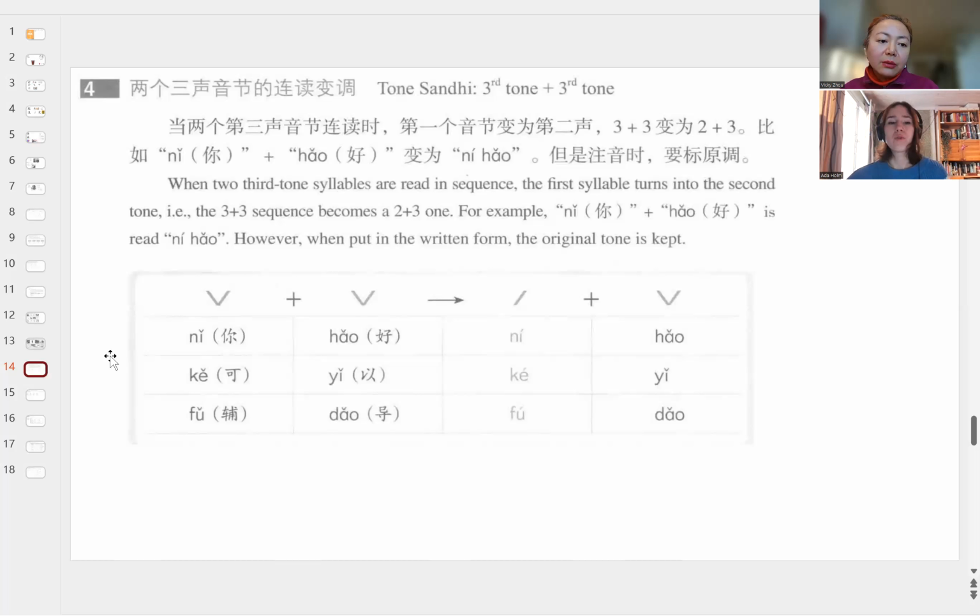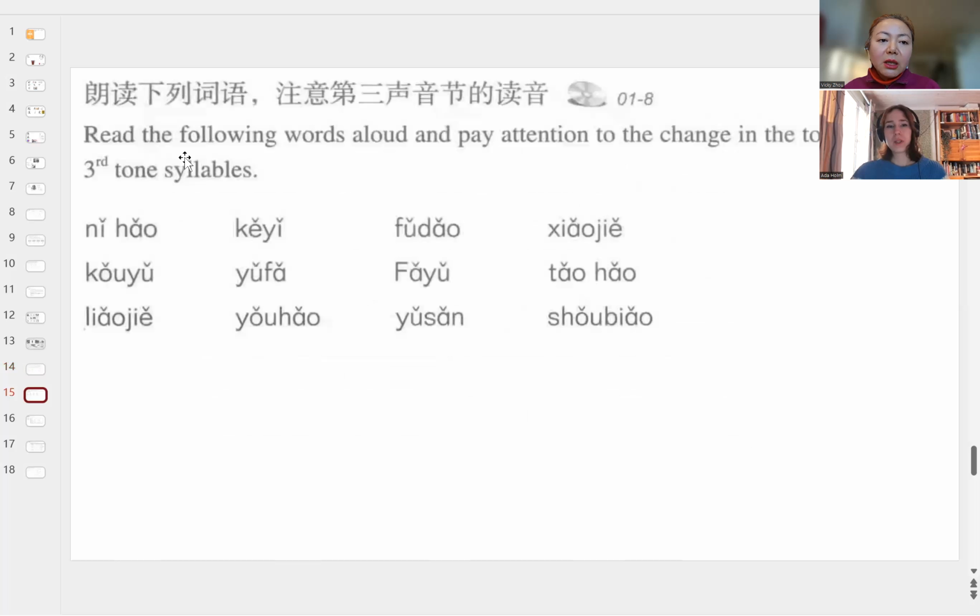So whenever you have two third tones together, change the first one to second tone. 好的。好，we continue, we practice this part by yourself.